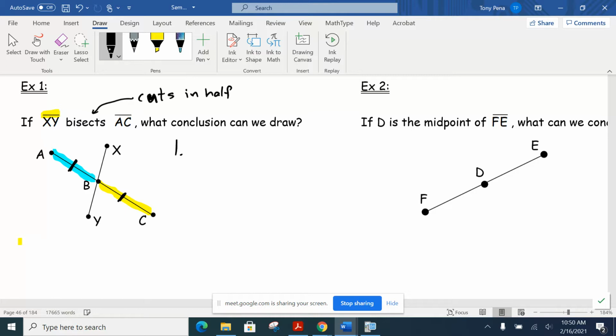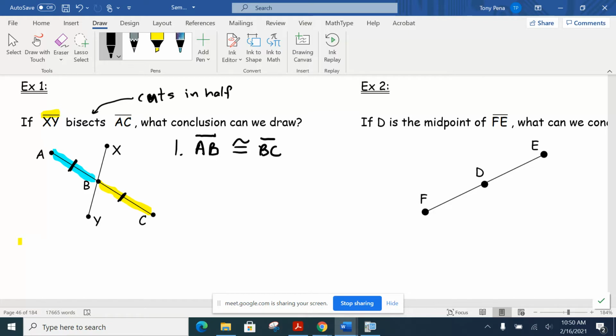And then we're going to list these conclusions. The first conclusion is what I just wrote right here. So use proper notation. We're going to put AB with the segment symbol above it is congruent to BC with the segment symbol above it. If I give you one of these quizzes where I have you grab your mouse and write things down, make sure you're using these correct notations, and these are important.